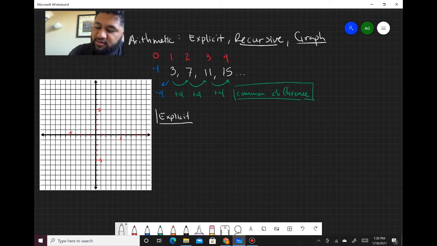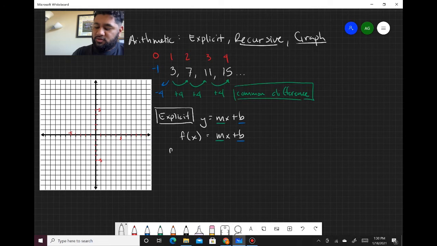But now instead of y equals mx plus b, I'm going to start using function notation. All I'm going to do is replace the y with an f of x. Each letter is still going to be the same thing.